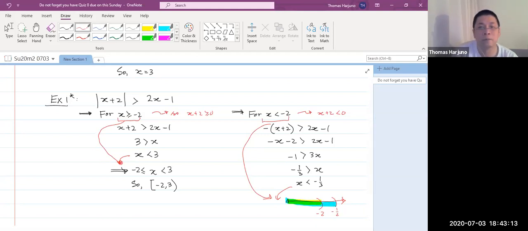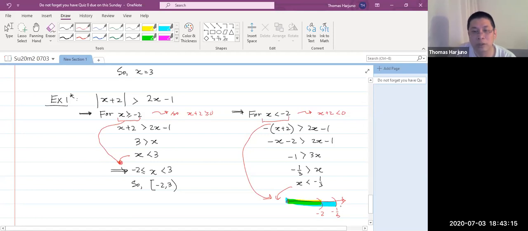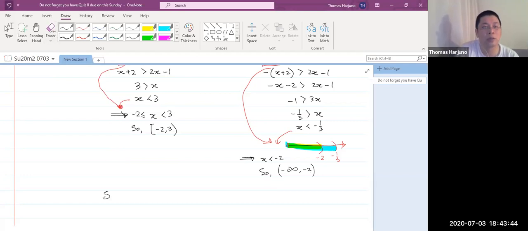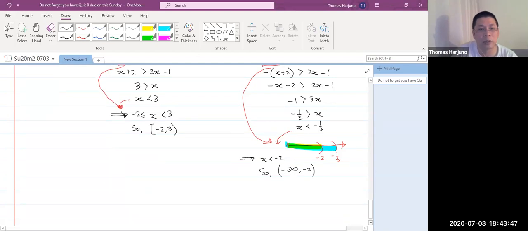So you see which part is double shaded. So the solution from here is x less than -2, so you get -infinity up to -2.